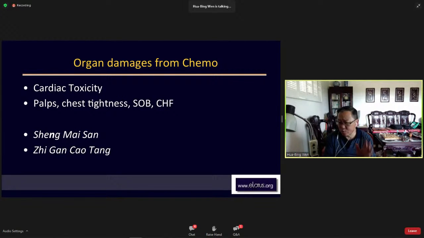When you go very high, you get altitude sickness, and 生脉散 is the one to prevent and to treat that. 炙甘草汤 is another one that we use, basically to take care of the heart, because one of the chemo drugs is specifically cardiotoxic. Both formulas can be used to address that.